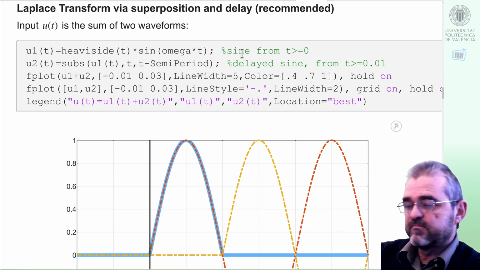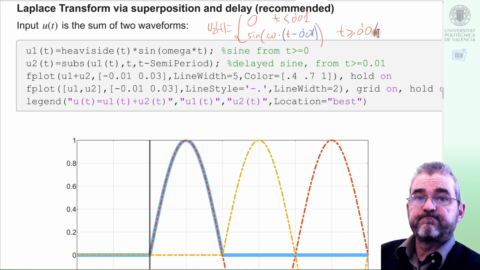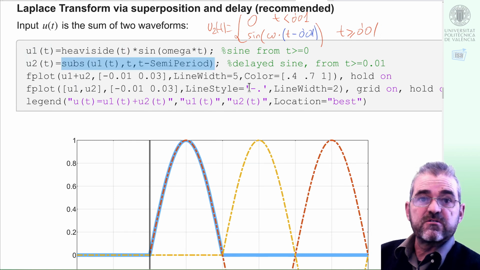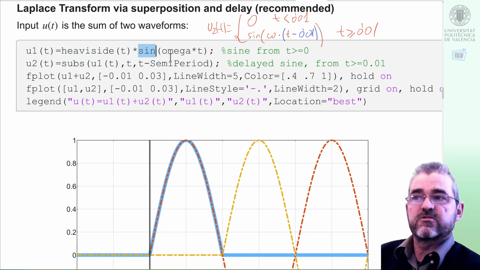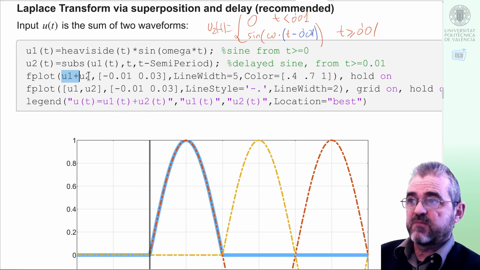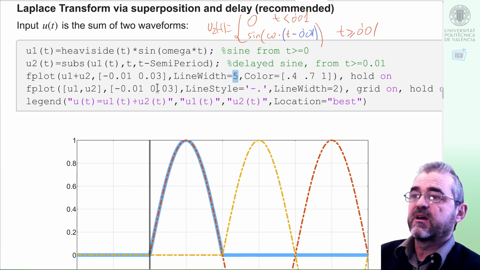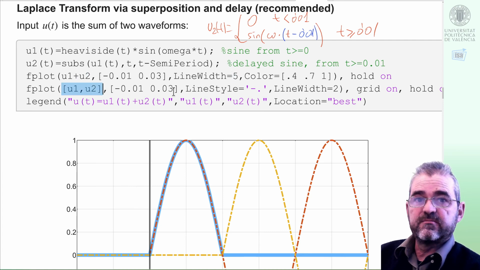So u2 would have this expression, and the way to write it in the symbolic toolbox is just replacing t by t minus semi-period in this Heaviside sinus. Indeed, we will plot the sum of u1 plus u2 in a very thick line, and then u1 and u2 independently in a thinner line.